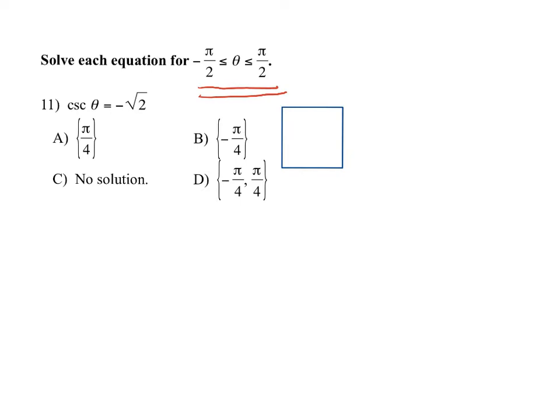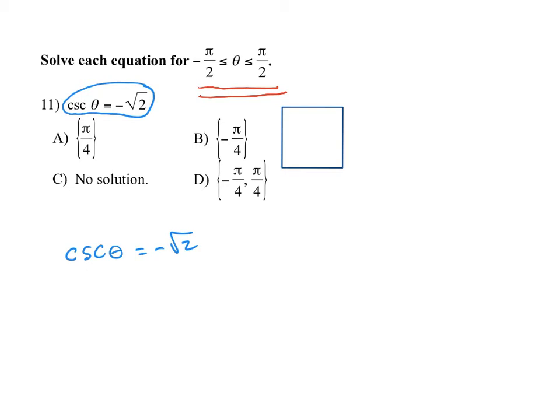When you get to number 11 on the assignment, the questions start looking different, and so are the instructions. It says solve the equation, and we're given this equation, cosecant theta equals negative square root of 2. That is just code for use your inverse trig function to solve the problem. Just like algebra, when we're solving an equation, we do inverse operations to solve for our variable.